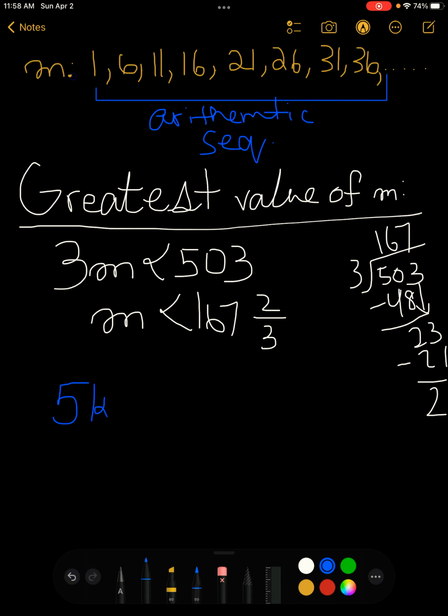So 5k plus 1 has to be less than 167 and 2/3. 5k must be less than 166 and 2/3.